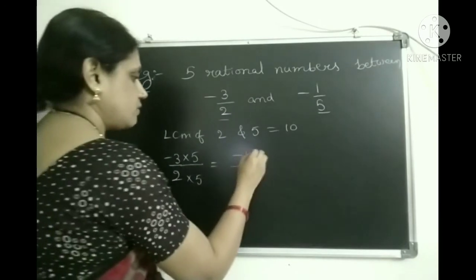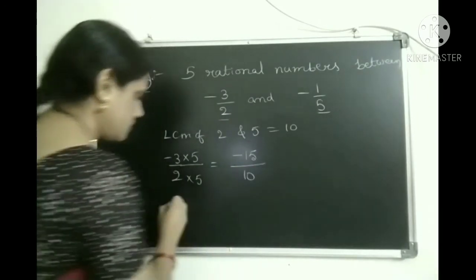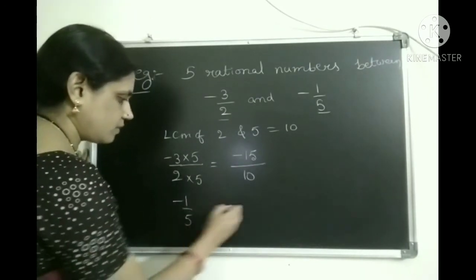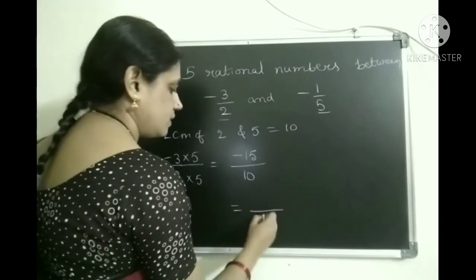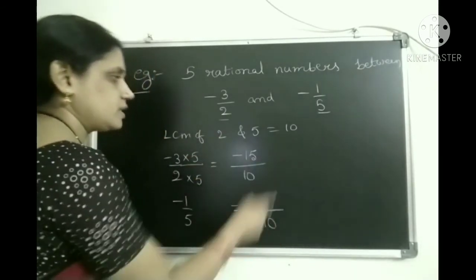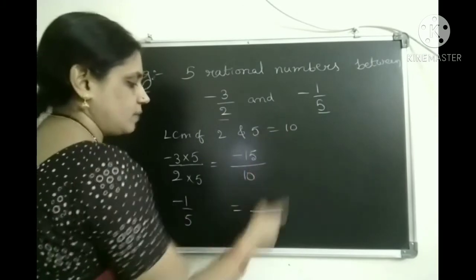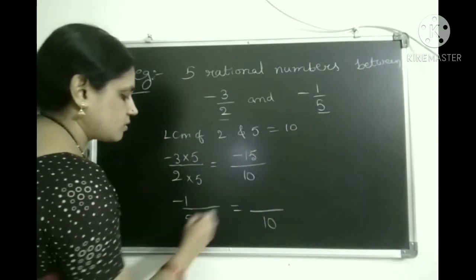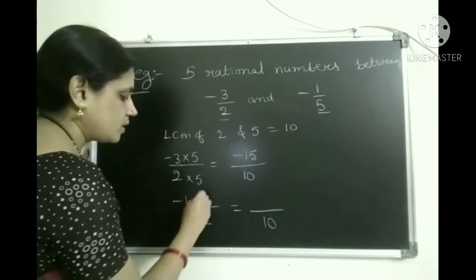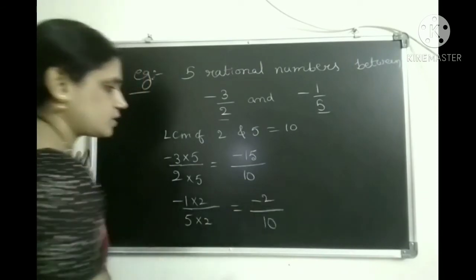So minus 15 by 10. Just like that, for minus 1 by 5 we write the equivalent rational number with denominator 10. So 5 into 2, minus 2 by 10.